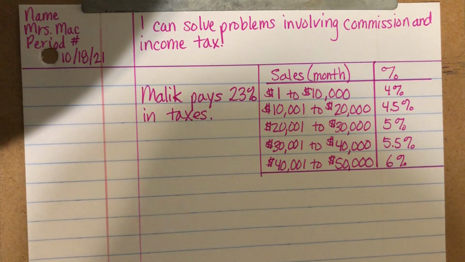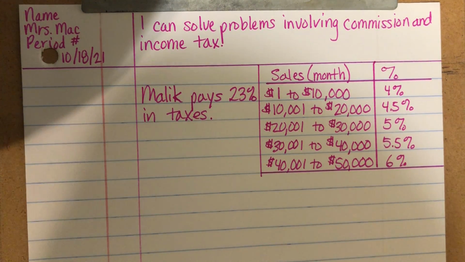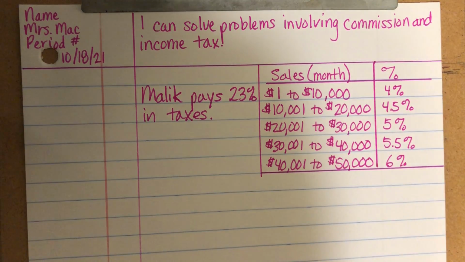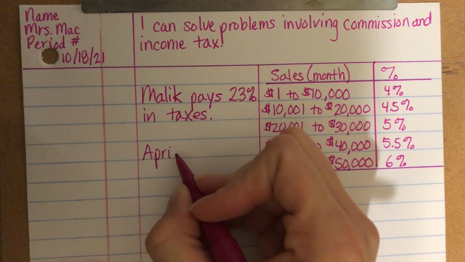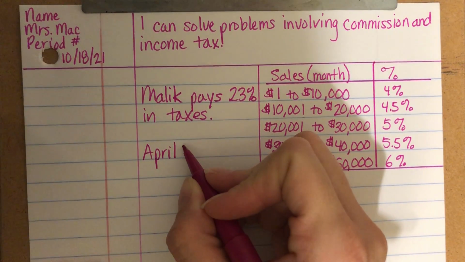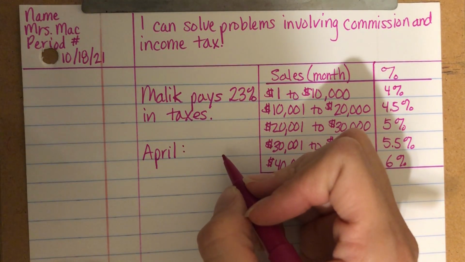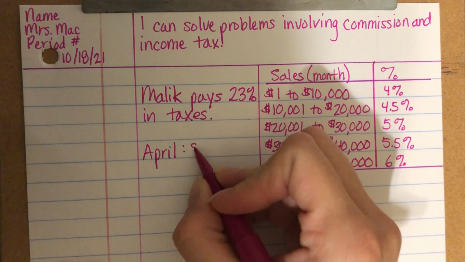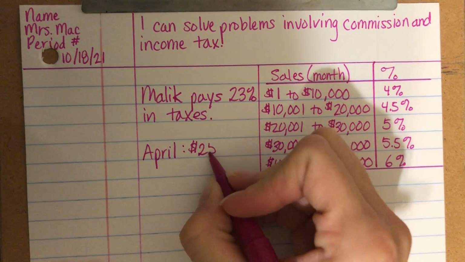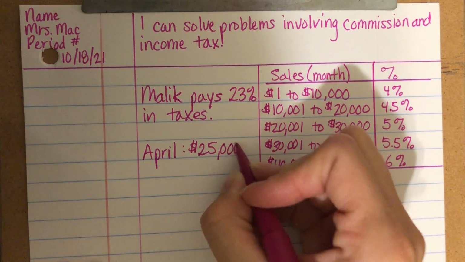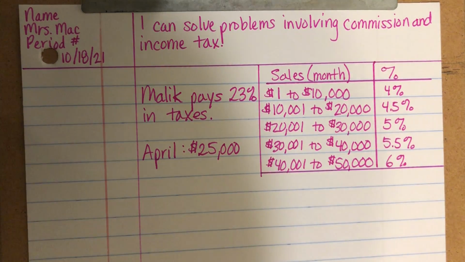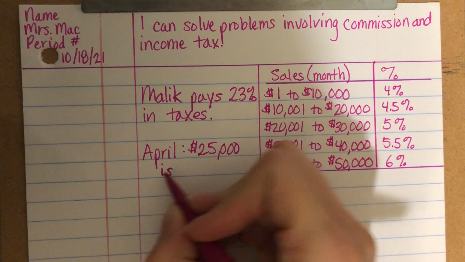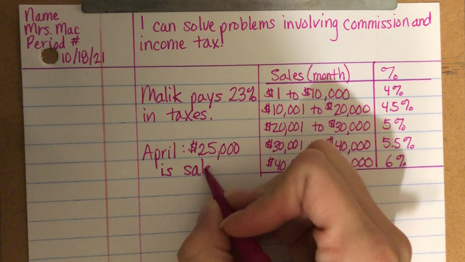So we're going to look at a few different months. We're going to start with April. Okay, so in April, Malik sold $25,000 worth of merchandise in sales.